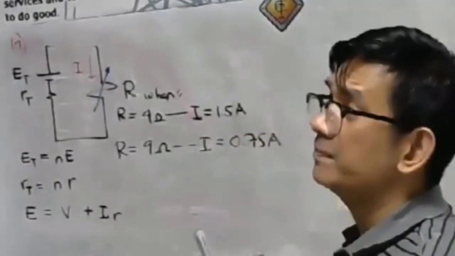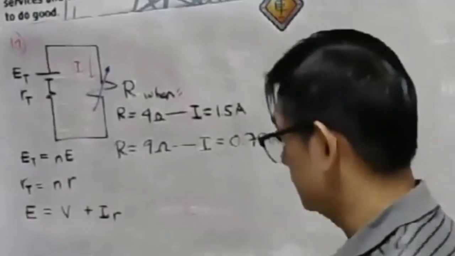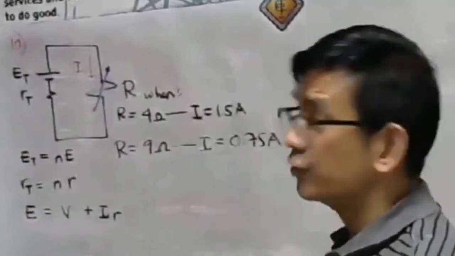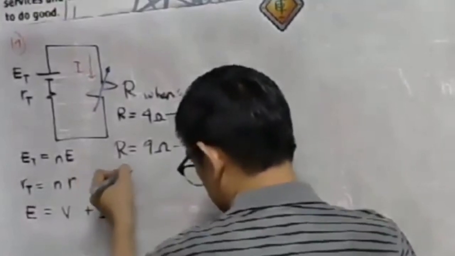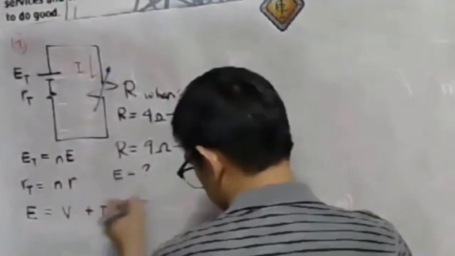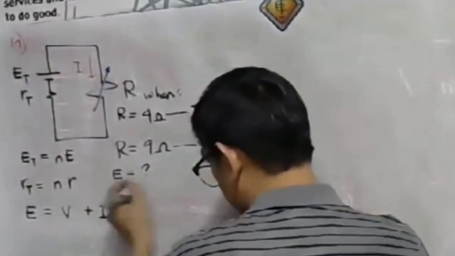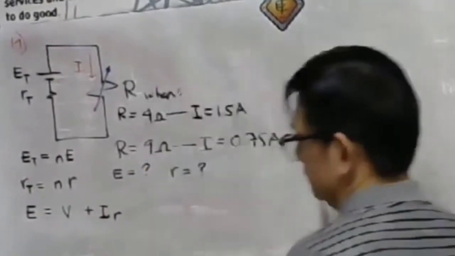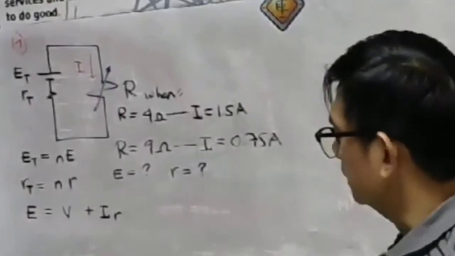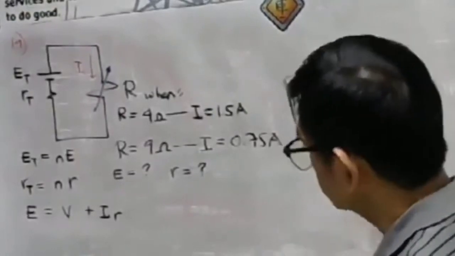Find the EMF of each cell and the internal resistance. This is the required in our problem. Our E and our small r. That is the question.